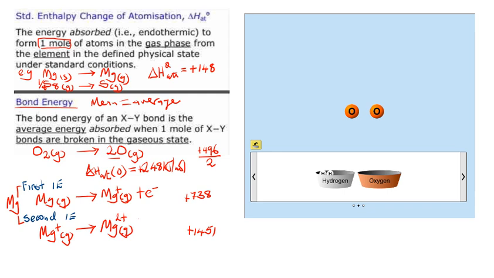As usual, we are losing one mole of electrons. So we have to overcome the electrostatic force of attraction between the positively charged nucleus and the valence electrons. Hence, energy must be supplied.